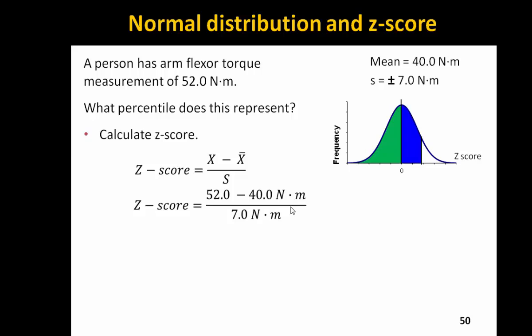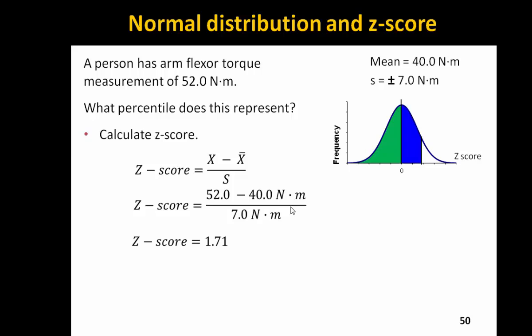That's an advantage because it allows us, if we wish, to compare outcome variables along different scales to each other. We go through our calculation and we find a z-score of 1.71. And so what does this mean?